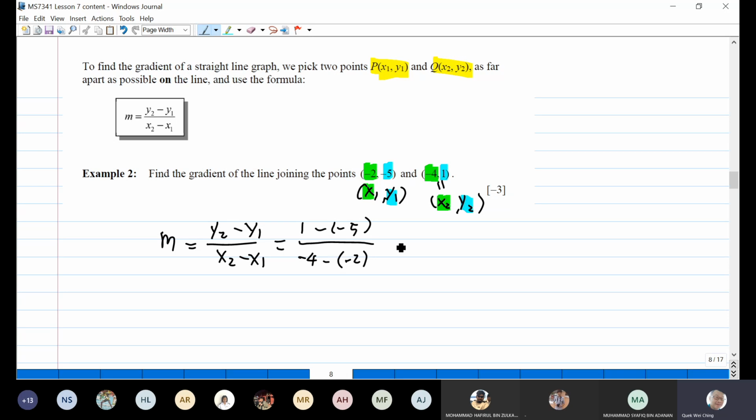So this gives you 1 plus 5 is 6, and then -4 plus 2 is -2. Then you get 6 over -2, you get -3. This is how you find the gradient. You just pick 2 points on the straight line and take the ratio.